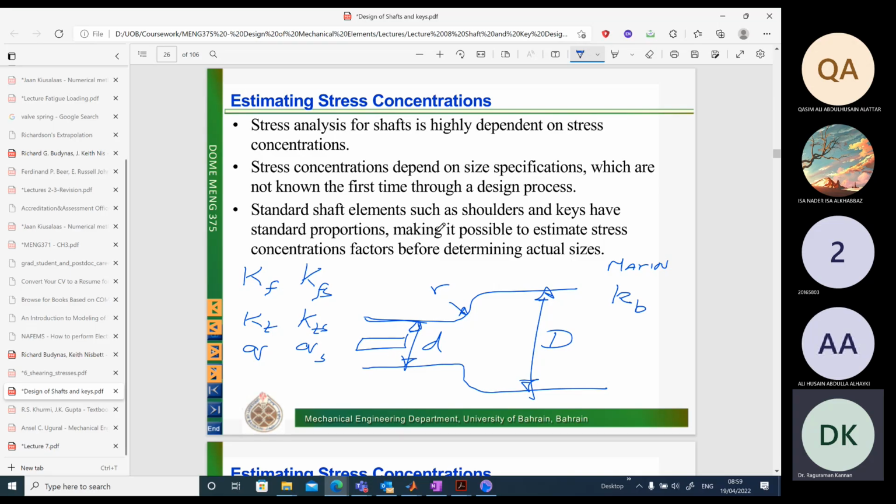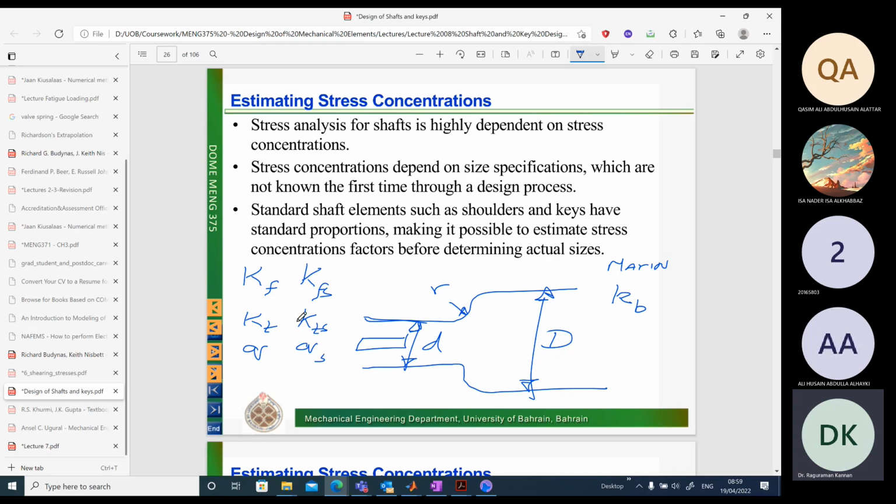Keys and standard proportions make it possible to estimate stress concentration factors before determining the actual sizes. So there are standard shaft elements. Your key seat size is standard. Based upon the standard size, there can be estimated values of Kf, Kfs, Kt, etc. We can use those estimated values.